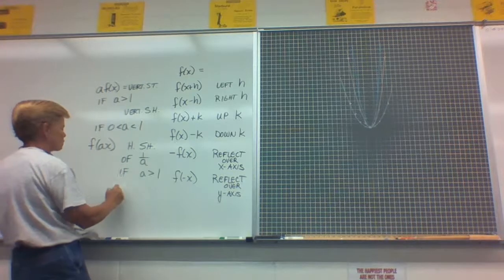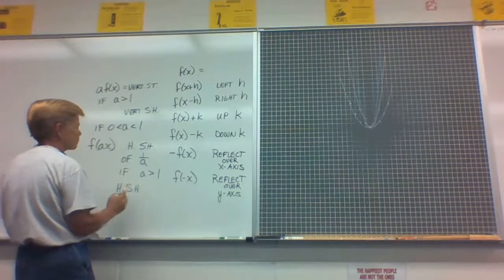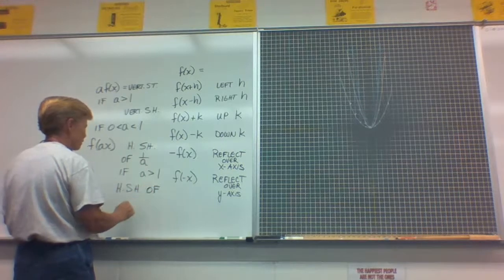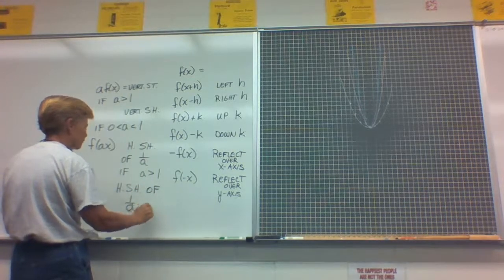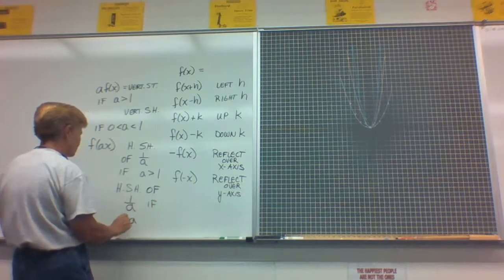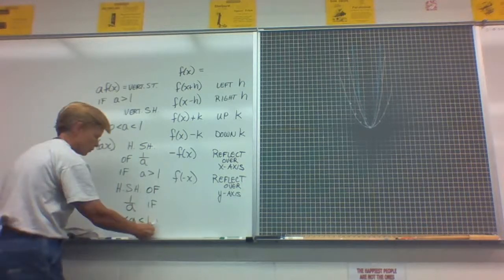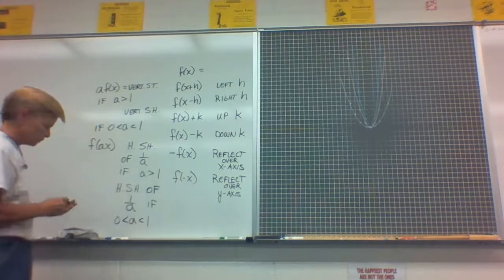It will be a horizontal shrink of the reciprocal of a if a is greater than 1, and a horizontal stretch if a is between 0 and 1, a proper fraction. So those horizontal stretches and shrinks are kind of rough. It helps to see an example.